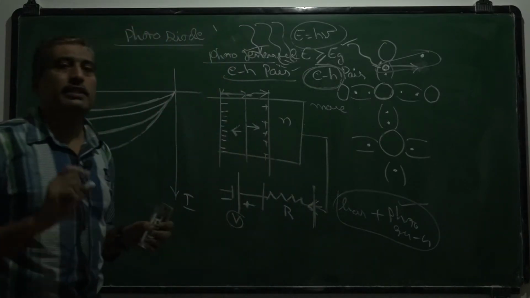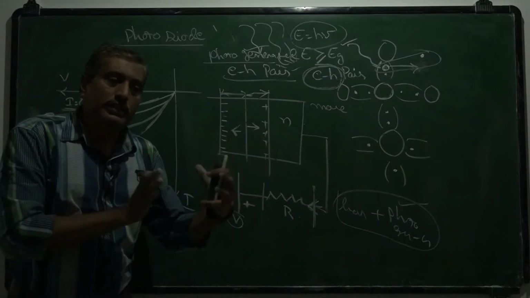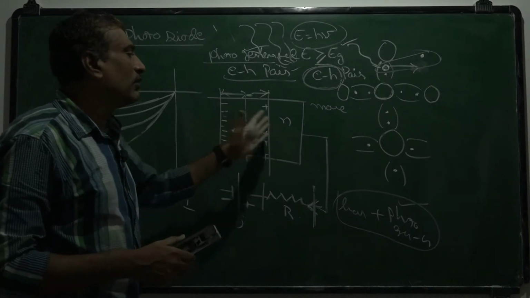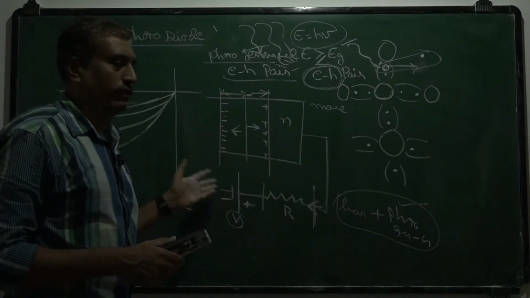When the depletion layer width decreases, the resistance offered decreases, so that current flows through this circuit. In this way, this photodiode works.